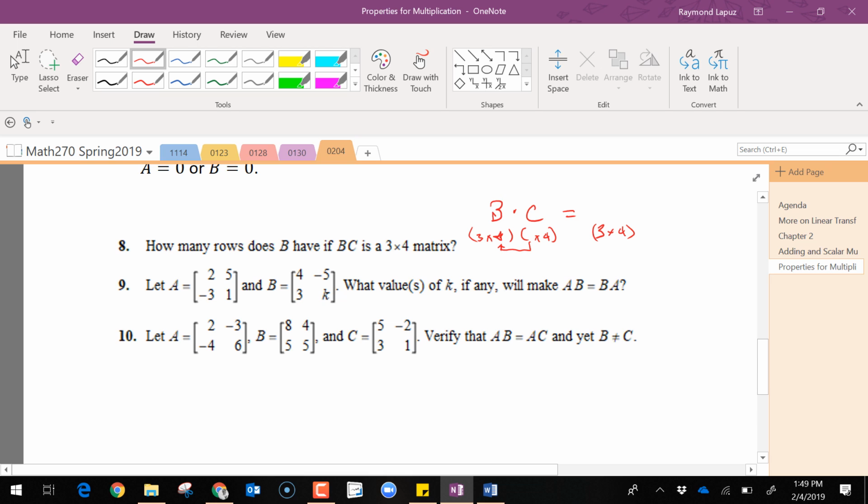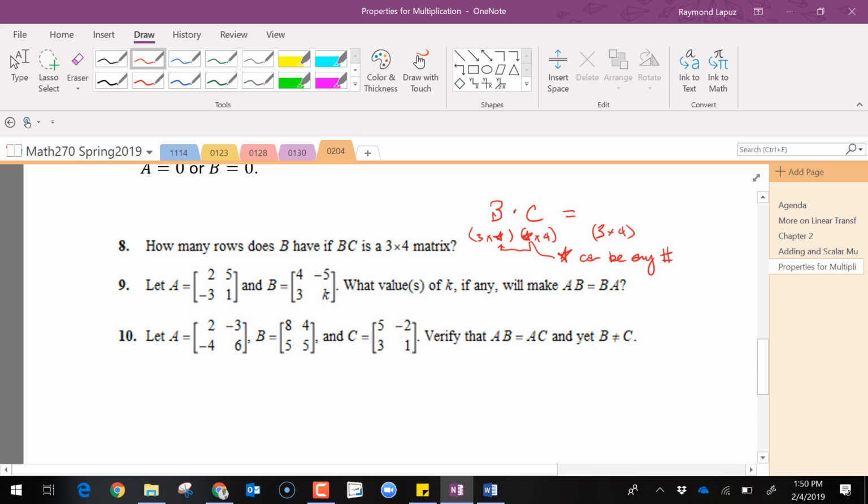And what number does this have to be? Does it have to be 4? Does it have to be 3? Does it have to be anything? It could be anything. So if you have a 3 by 5, multiply that by a 5 by 4, your result is still going to be a 3 by 4 matrix, right?